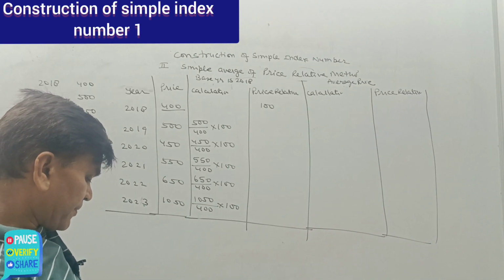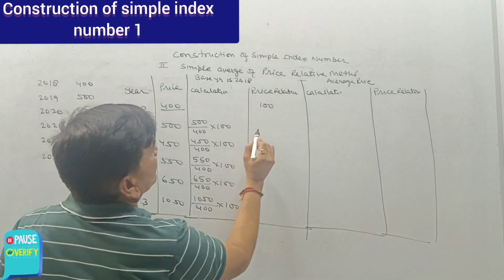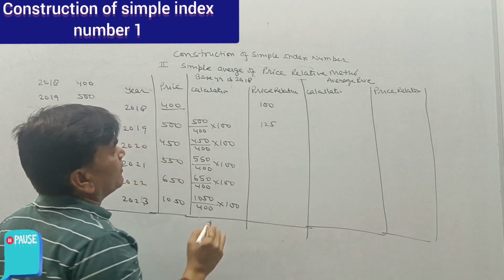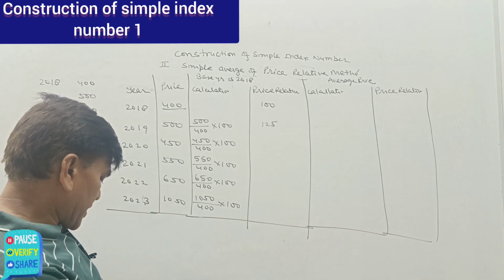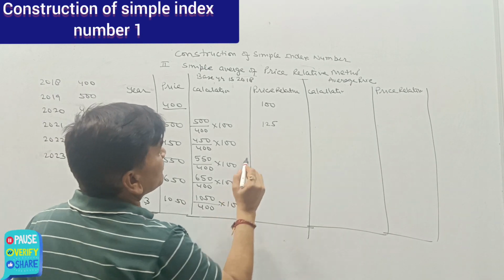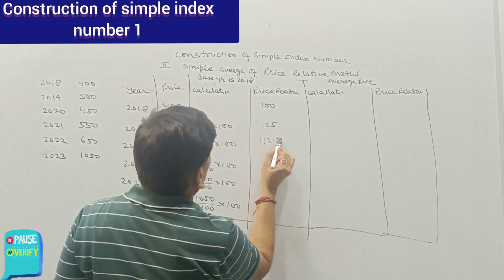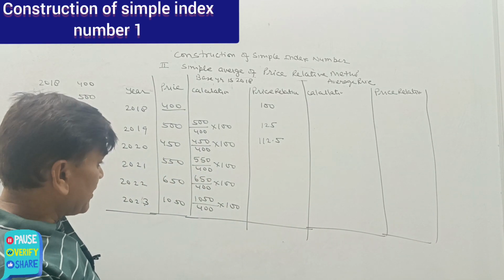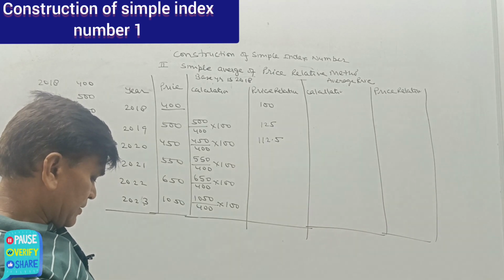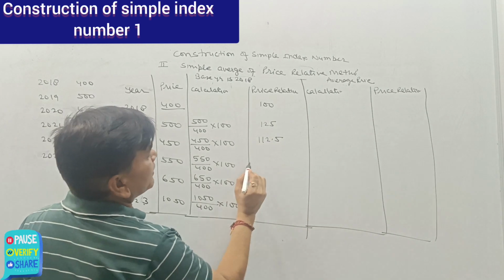500 divided by 4, that is 125. Okay. 450 divided by 4, that is 112.5. 550 divided by 4, that is 137.5.